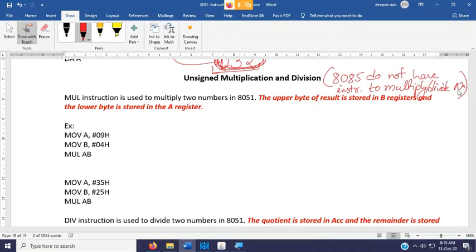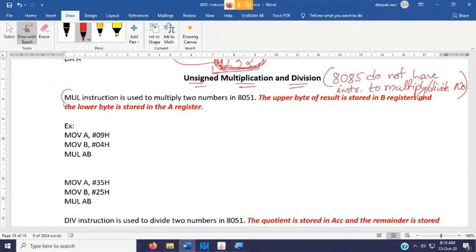Remember, this is one of the so-called drawbacks in 8085. But we can use a loop by which we can add the number x number of times to get the multiplication of two numbers. But in 8051 we have dedicated instructions to multiply two numbers.